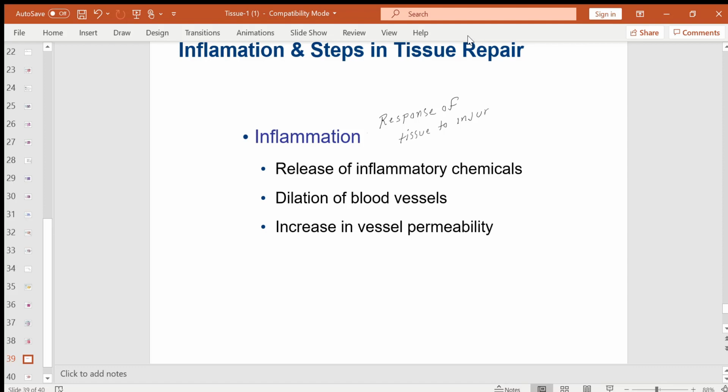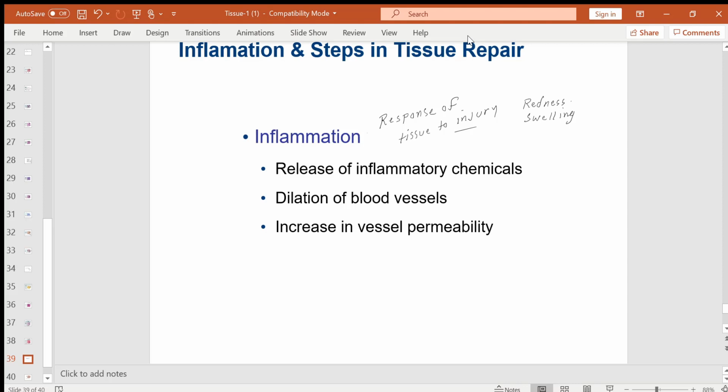Now, when injury occurs, you see some changes in that tissue, in that area. What are the changes you see? You all know. You see redness. You see swelling, right?